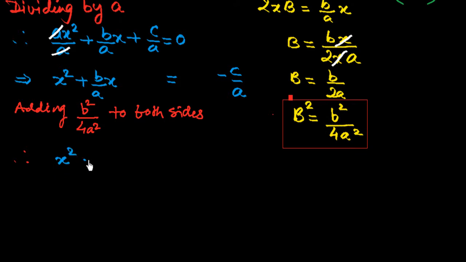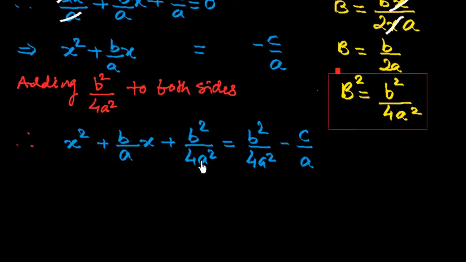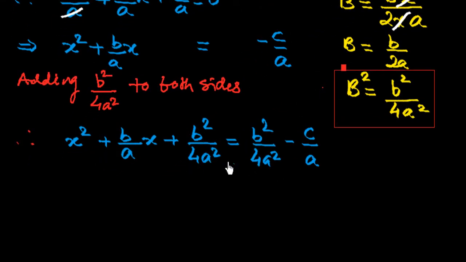So now we see what happens. x square plus b over a x plus b square over 4a square is equal to b square over 4a square minus c over a. We have added b square over 4a square to both sides. Now look at this, this is our a square, this is our 2ab, and this is our b square.